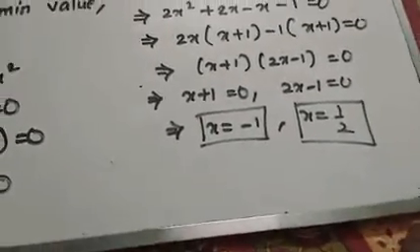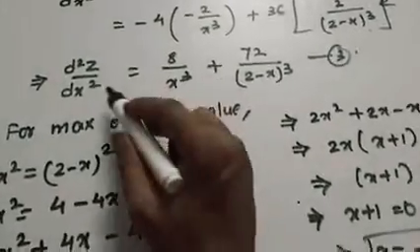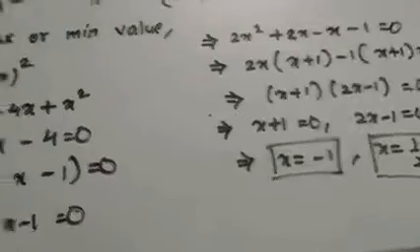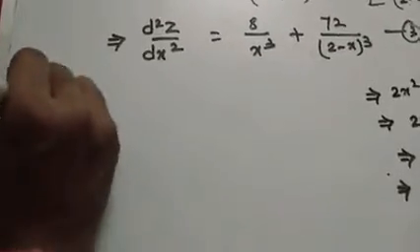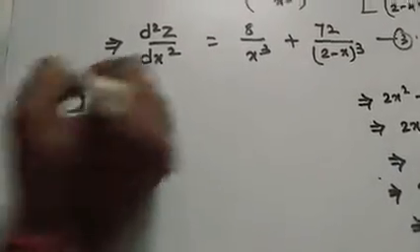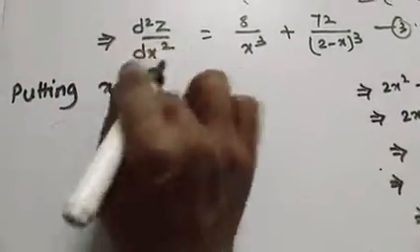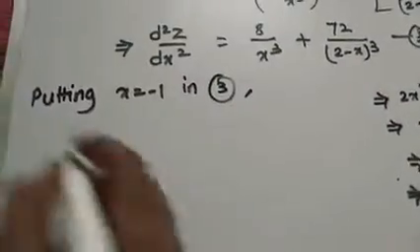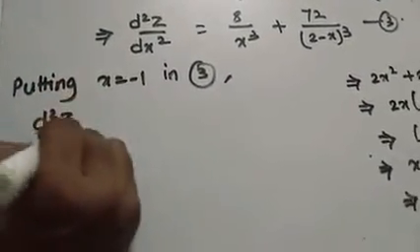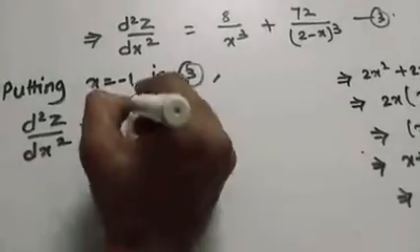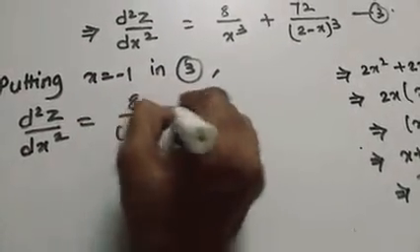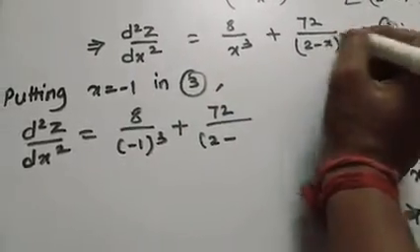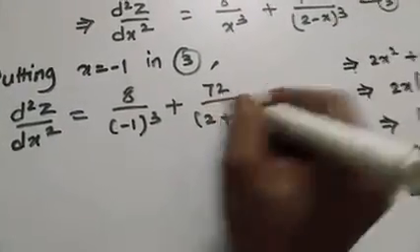For these 2 particular points we will check the sign of the double derivative. Let's start with x equals minus 1. So putting x equals minus 1 in 3, d2z by dx2 is 8 by minus 1 whole cube plus 72 by 2 minus x, where the value of x is minus 1, so minus minus plus, whole cube.